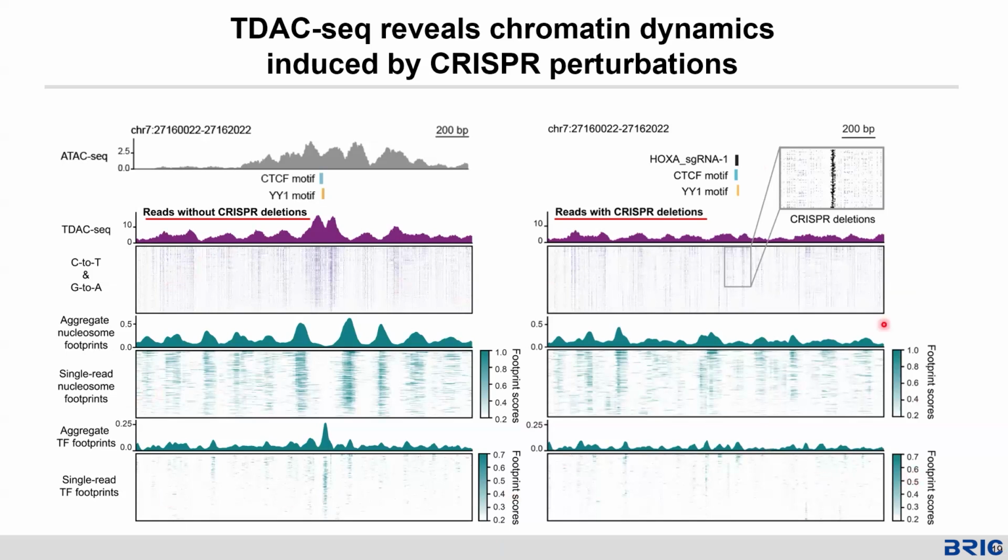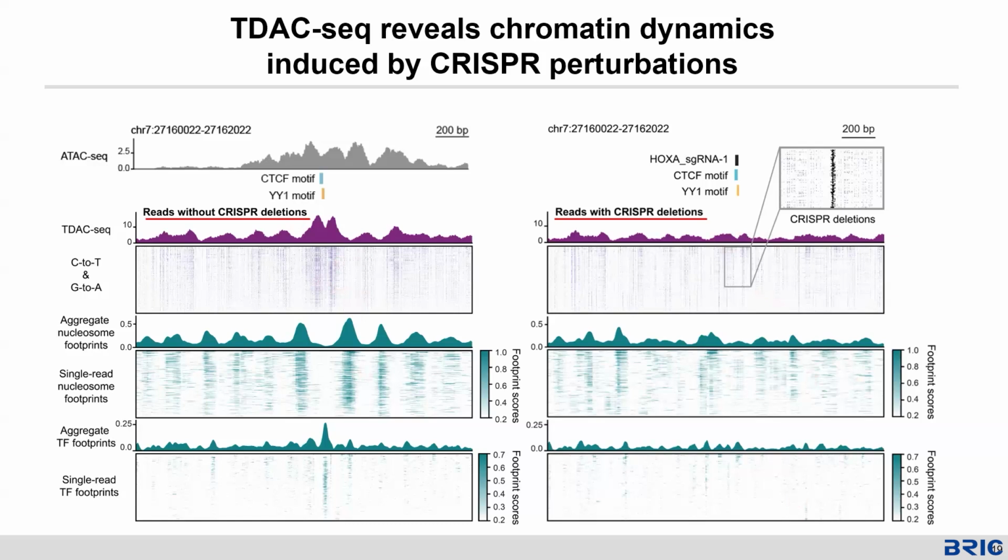You can clearly see that when there are CRISPR deletions around the guide RNA binding site, the chromatin accessibility decreased compared to the wild type reads, and this also caused weaker signal of nucleosome and transcription factor footprints.